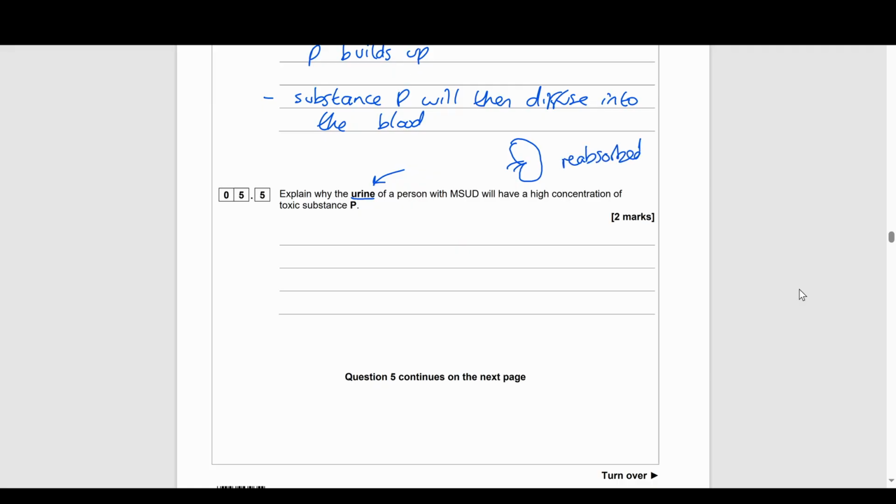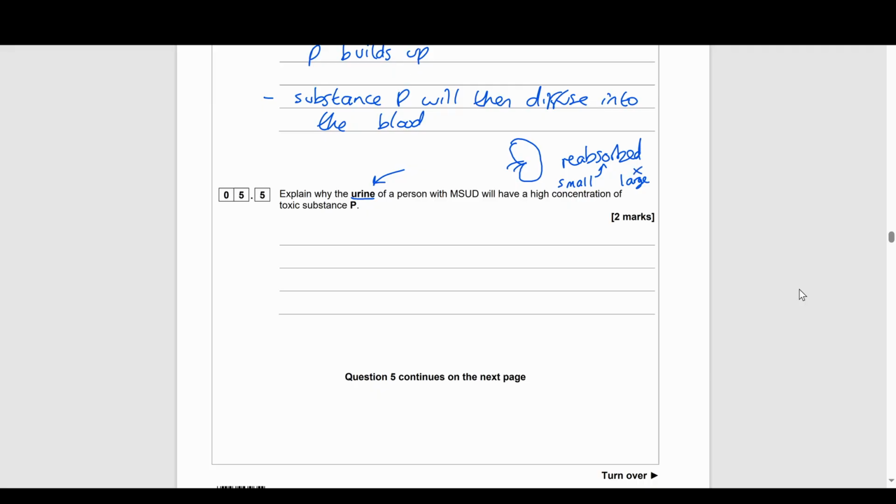Now, this reabsorption depends on the size of the molecules. Small substances will be reabsorbed into the blood. Large substances will not be reabsorbed into the blood.